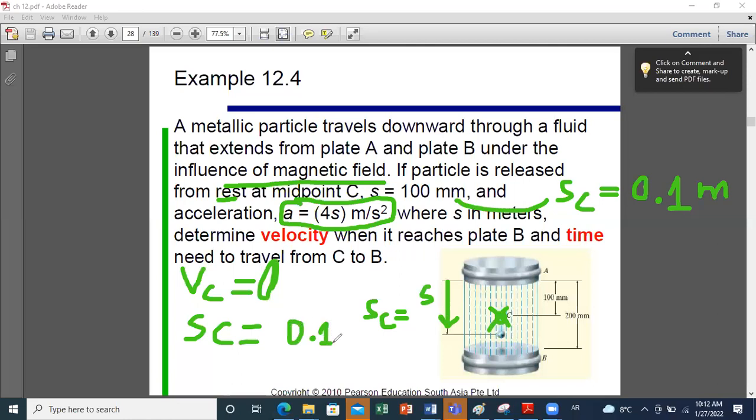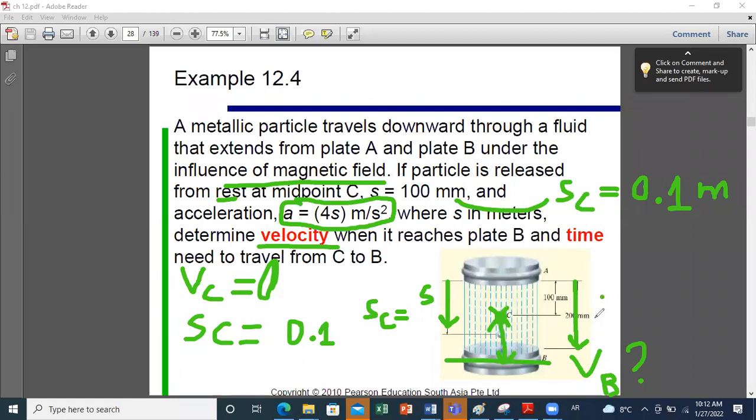Okay. Now, they want me first to determine the velocity of this particle when it will reach the bottom plate. So this particle is traveling from C downward towards B. So I want to get what will be the velocity of the particle at point B, knowing that S of B is 0.2 meters because they gave me that this distance is 200 millimeters.